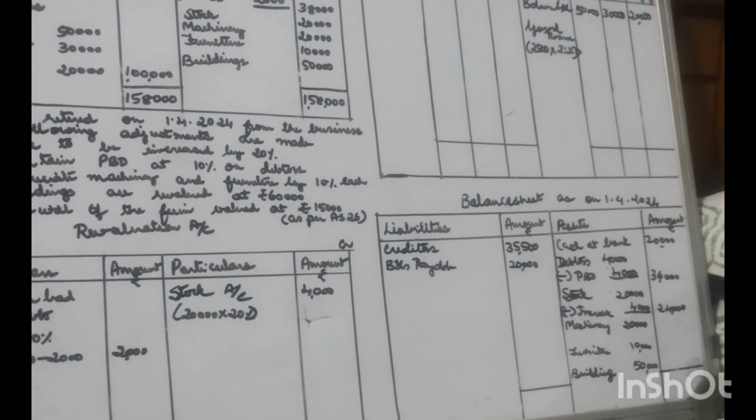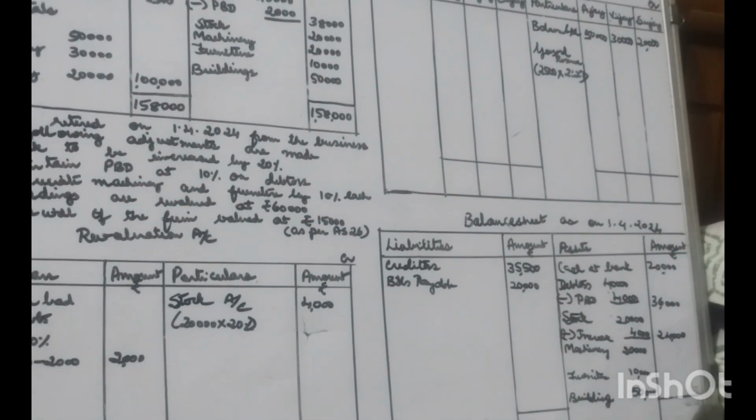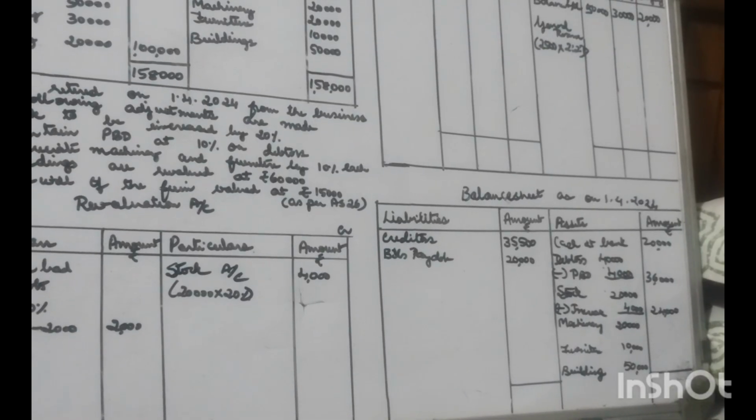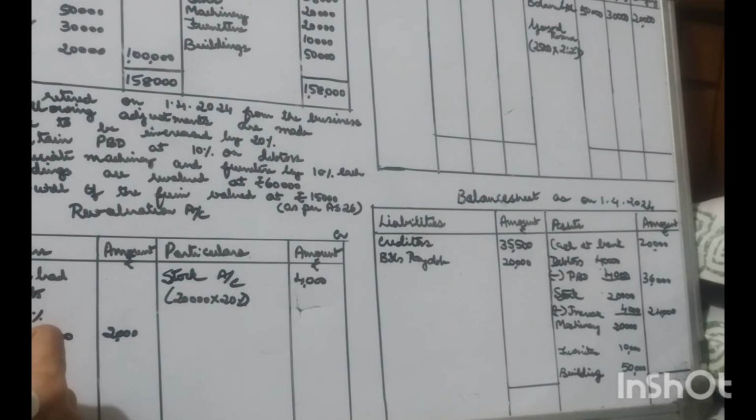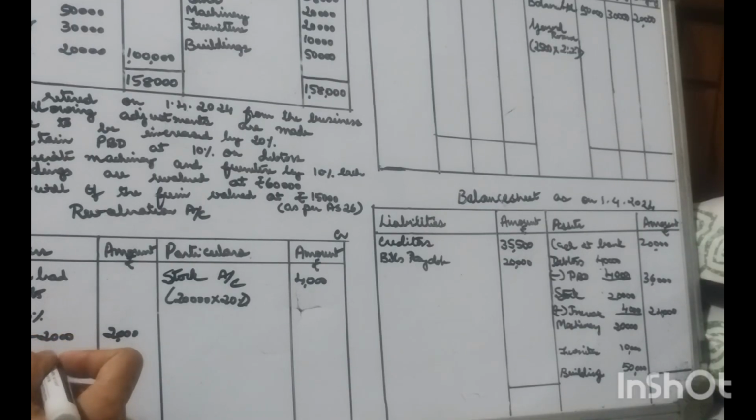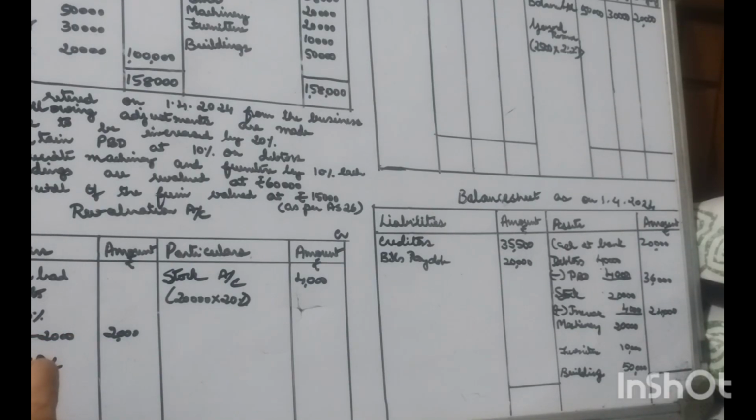So the decrease in the value of an asset must be debited. So debit the machinery account as well as the furniture account, because the value of the fixed assets has declined.